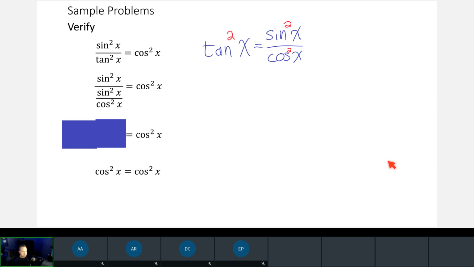So what's the next step? Well, before we cancel it, we can't. Yeah, remember this is the top. This is a fraction divided by this, so you can't really say cancel sine and sine out. It doesn't work that way because this is this top divided by this entire fraction.